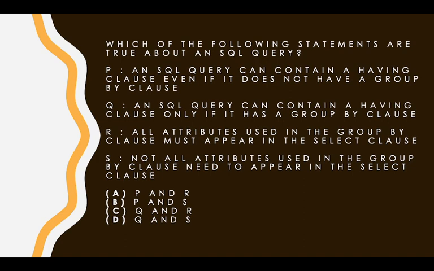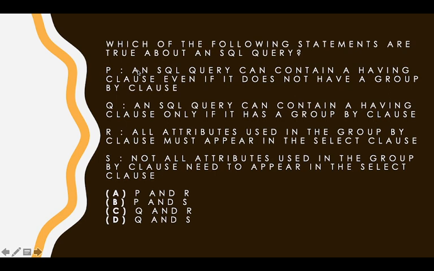If you have watched our video wherein we discussed the difference between where and having clause, it was about with which particular clause you can use your aggregate functions, but it was nothing about using the group by clause. You can definitely use the group by clause, but it is not necessary to use it when you are using the having clause.